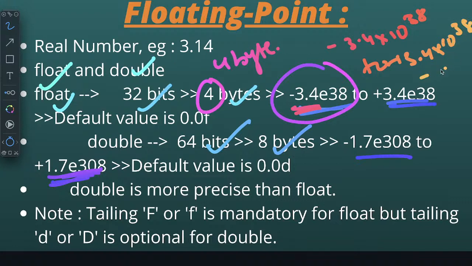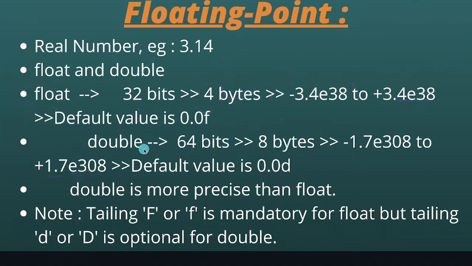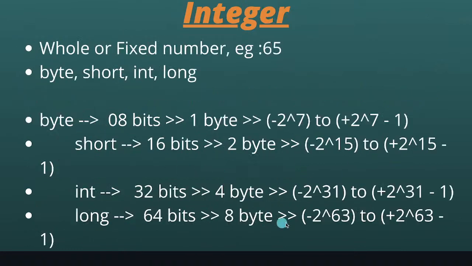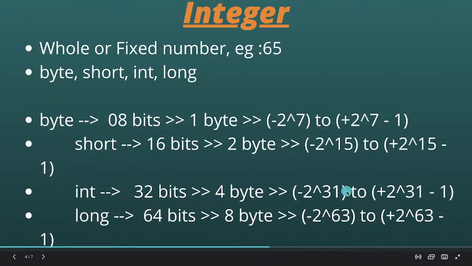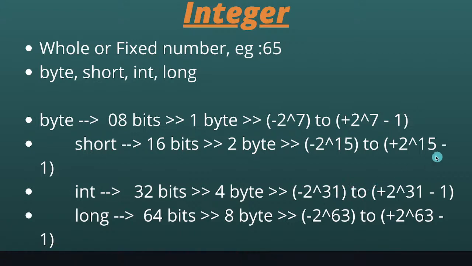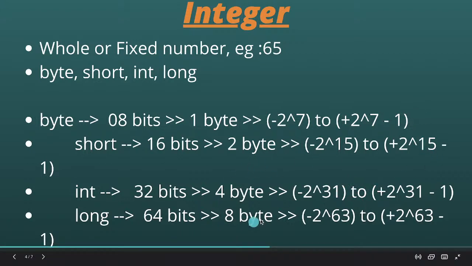This is way bigger than the int range, because for int we have only minus 2 power 31 to positive 2 power 31 minus 1, though int also gets memory storage of 4 bytes.